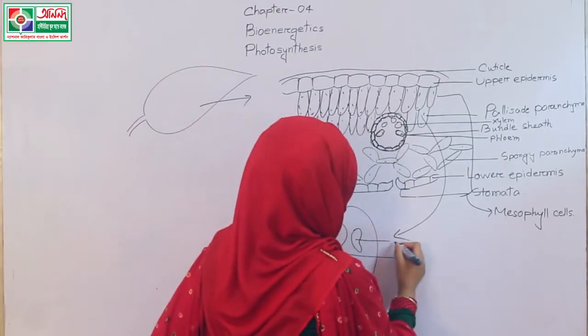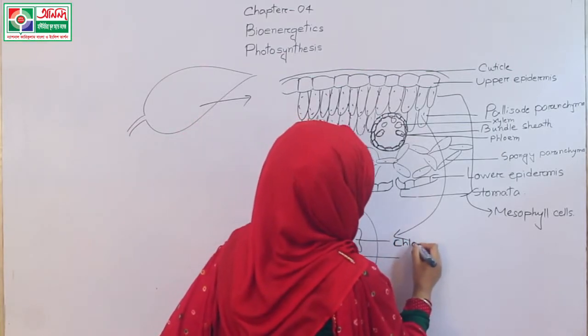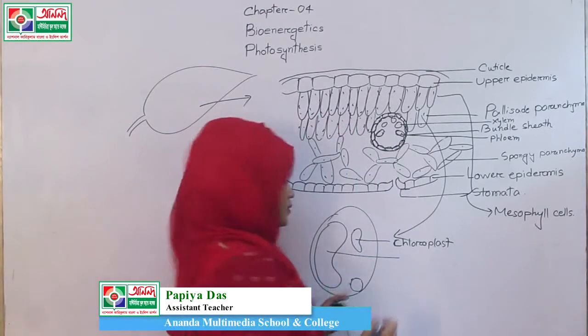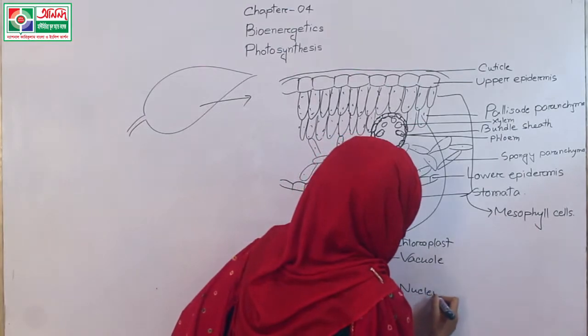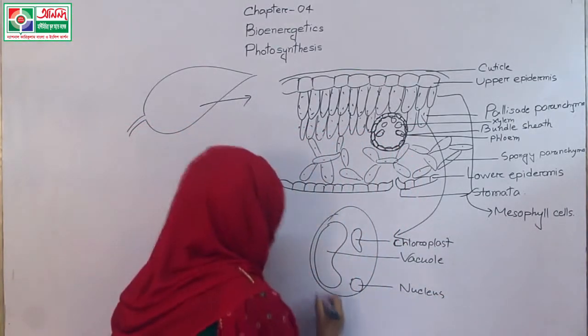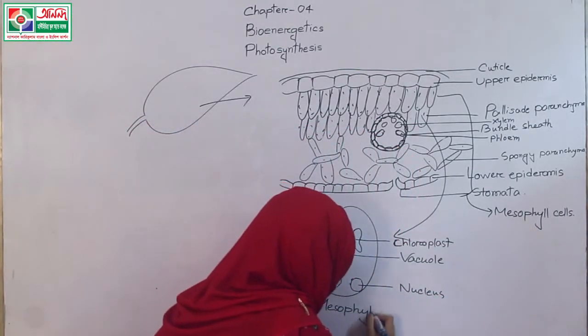I am labeling. This is the chloroplast, this is vacuole, and this is the nucleus, right? And mesophyll cell.